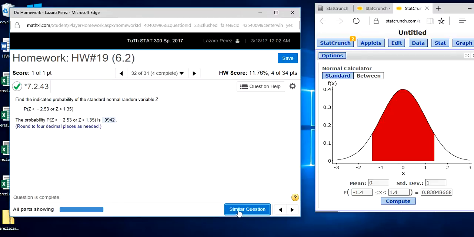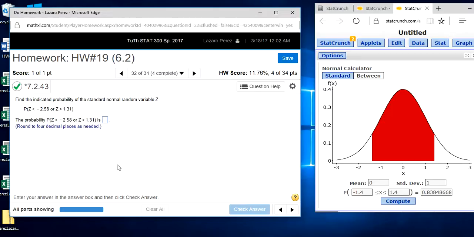Similar question. Find the indicated probability of the standard normal random variable z. All right, so it said z is less than negative 2.58 or greater than 1.31.